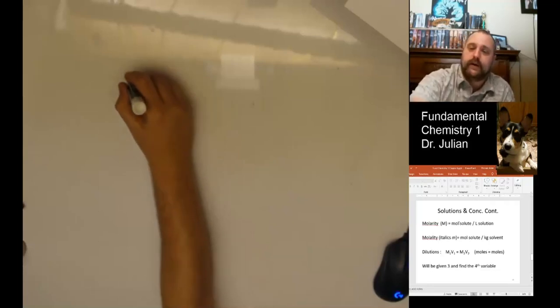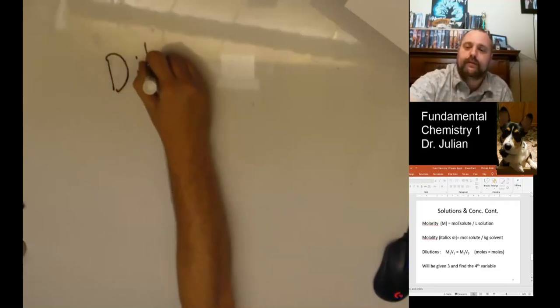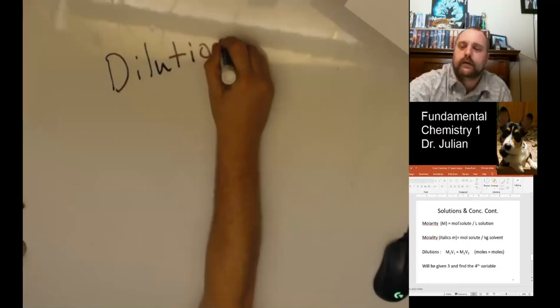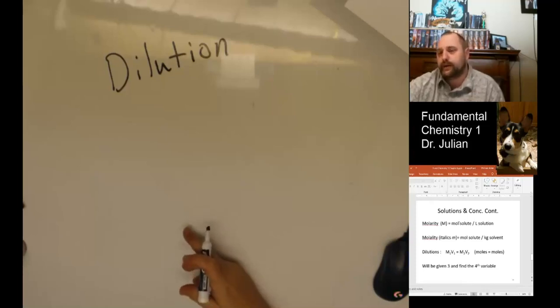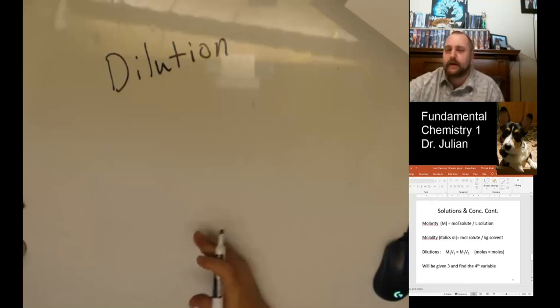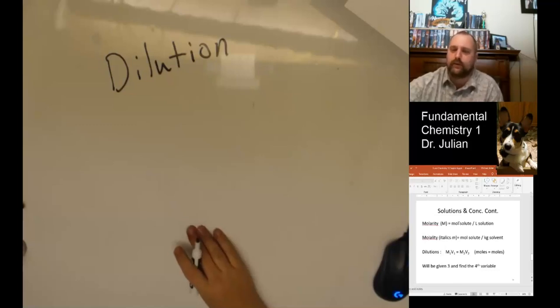All right, so we're ready for this idea of dilutions. Now, it's unfortunate that we use this word dilution because if we make something more concentrated, it's the same math, it's just a different word for it, right?